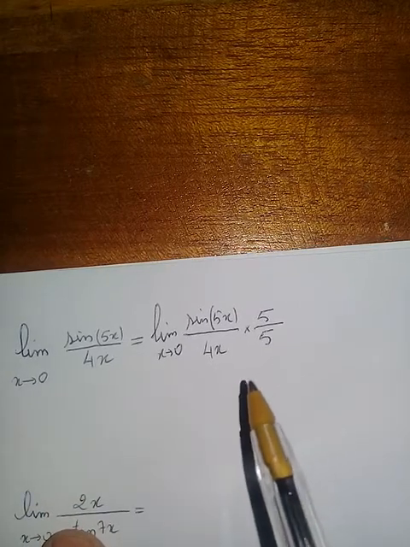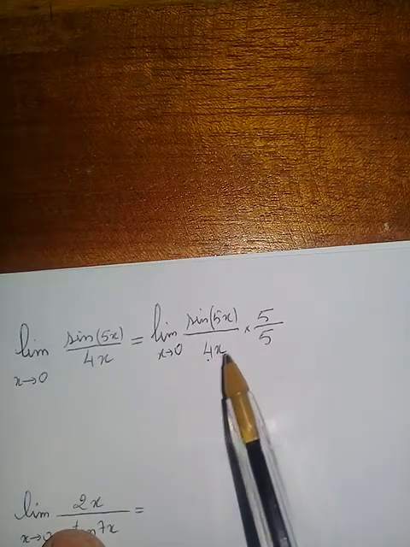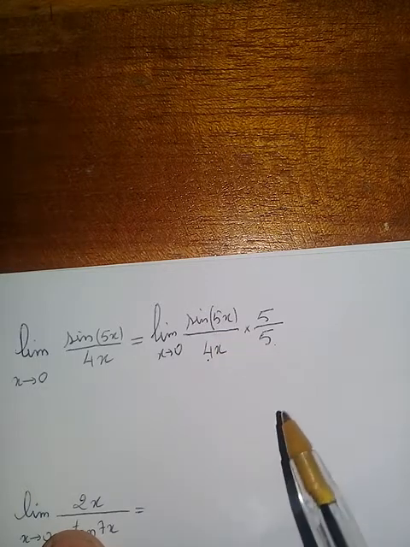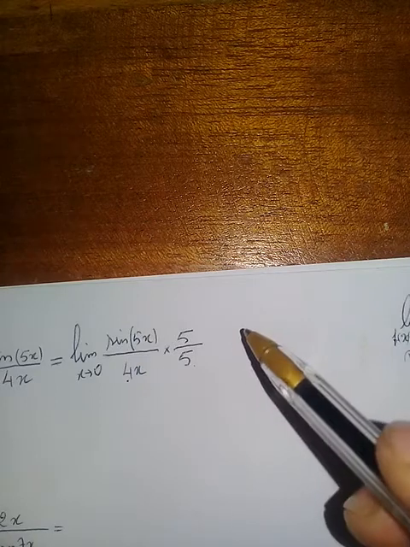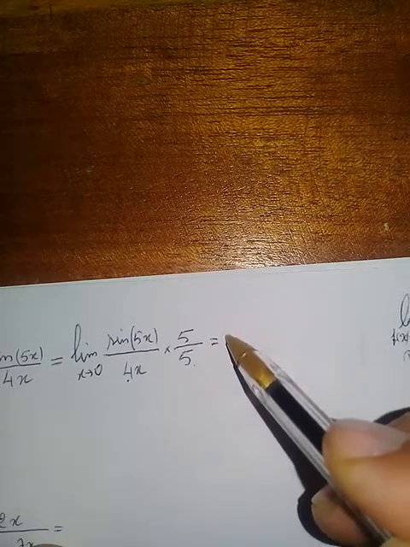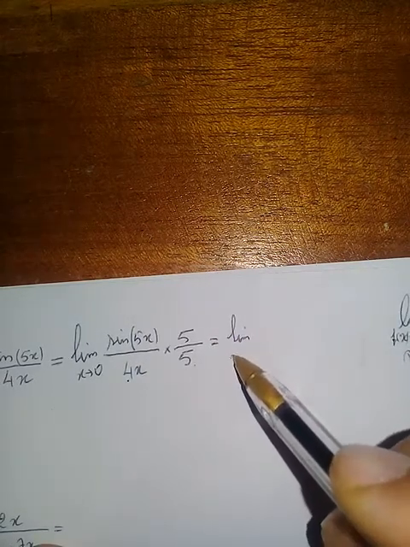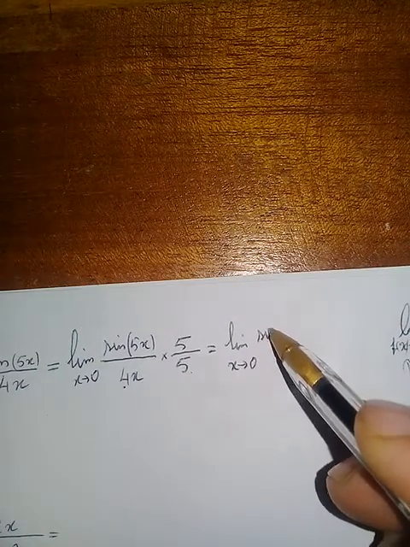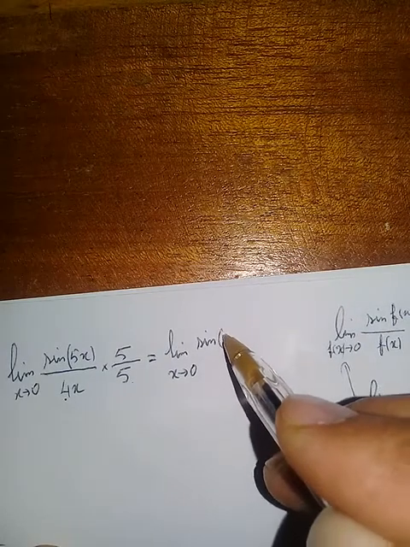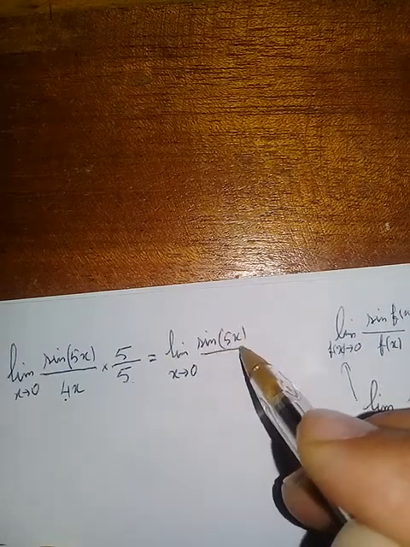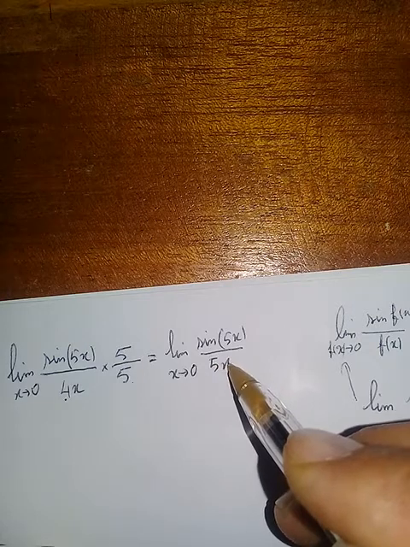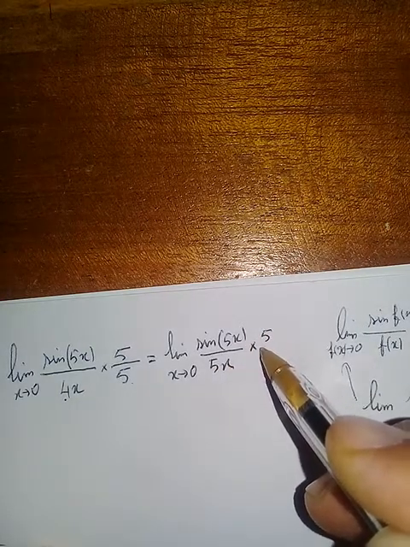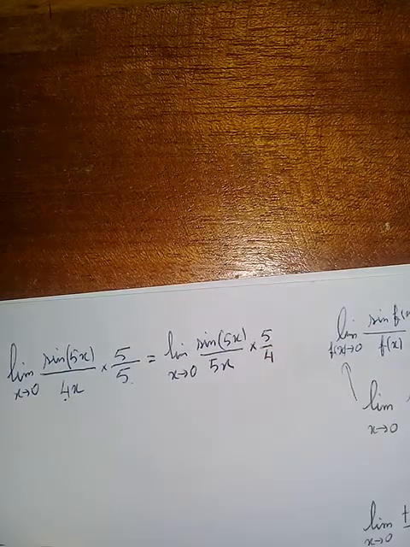So we can switch the places of the 4 and the 5 to get sine 5x over 5x. It's the limit x approaches 0 of sine 5x over 5x times 5 over 4.